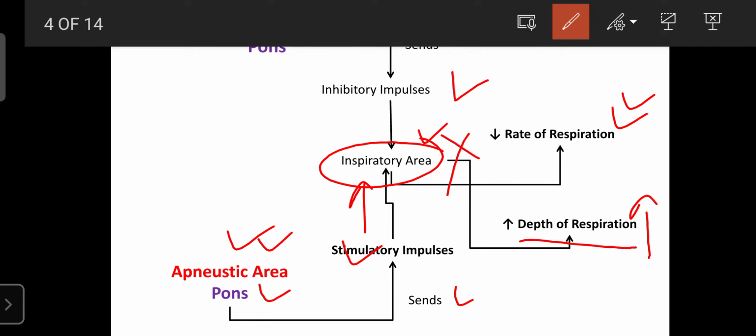So like that, the pons is involved in adjusting the rhythmicity of respiration with the help of the pneumotaxic area as well as the apneustic area, which are present in the pons. So the pons is also involved in the regulation of respiration.